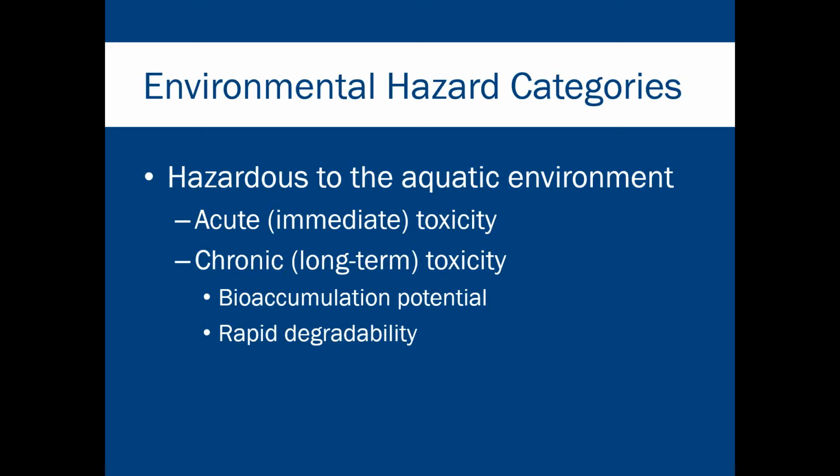So when humans then consume fish, that accumulation in their body of contaminants can harm us. So the fish consumption advisory basically tells you by county, the amount, and how often you can eat certain types of fish. The degradability, the rapid degradability, basically is how fast or how easy the chemical will degrade in the environment over time.